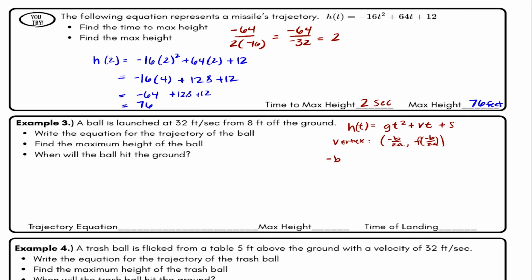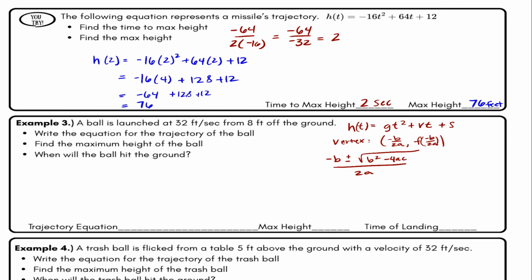So the quadratic formula is negative b plus or minus the square root of b squared minus 4ac, all divided by 2a. So quite a few formulas to be able to solve all these parts, but two of them we know pretty well. In the quadratic formula, it's just a matter of substituting in values and then simplifying. So here we go. Let's get started.